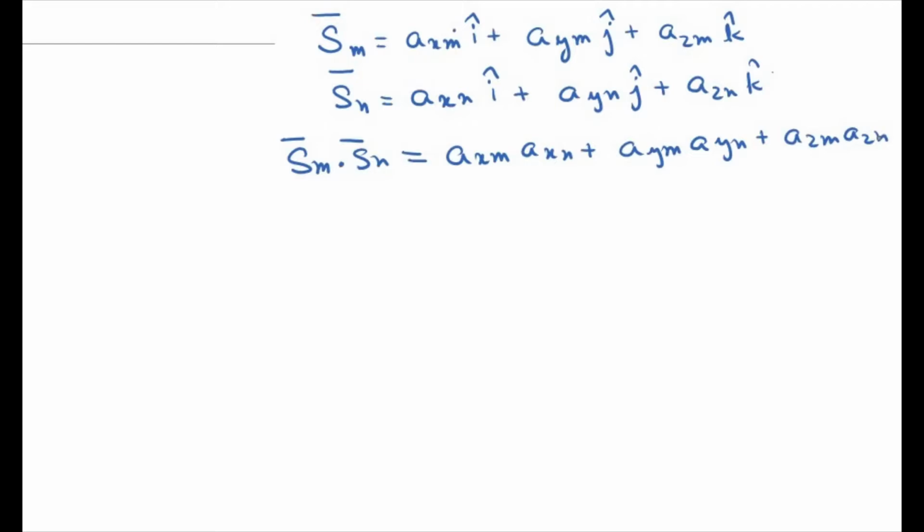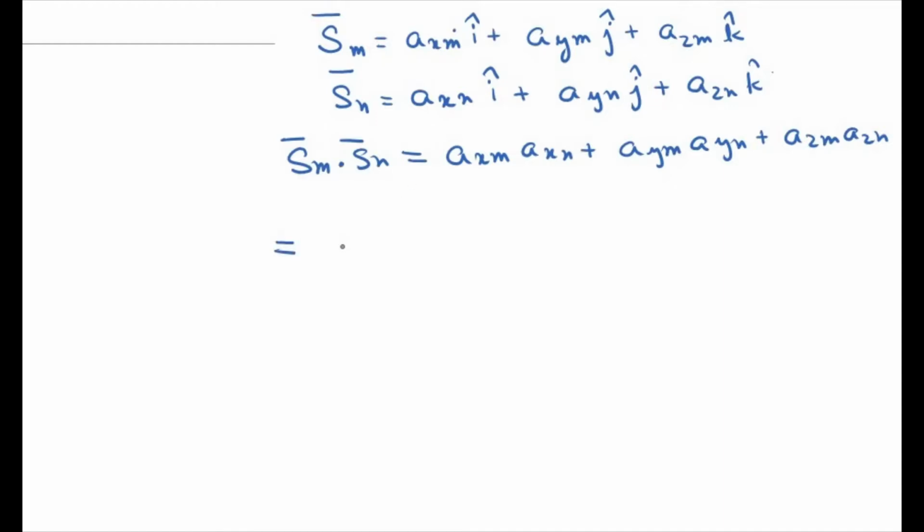So this is just equal to a_xm a_xn plus a_ym a_yn plus a_zm a_zn. Similarly, let us now define two wave functions, let us say beta m(x). Before going further, let me denote this in matrix notation.